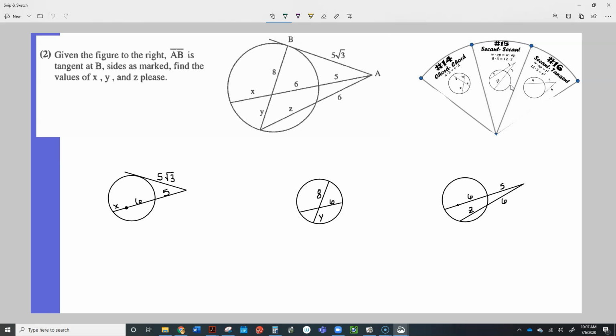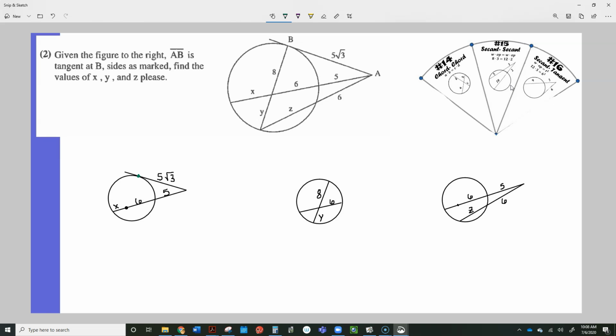I'm going to start by finding x. This is this one right here, the secant tangent one. I have a secant down here and I have a tangent, and the formula is the length of the whole secant times the outside part is equal to the length of the tangent squared. Now we understand that we're not talking about the entire tangent, because a tangent is a line that goes on forever and ever, but the distance from this here to here.